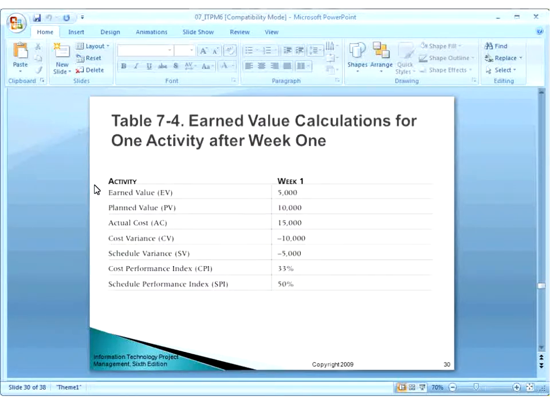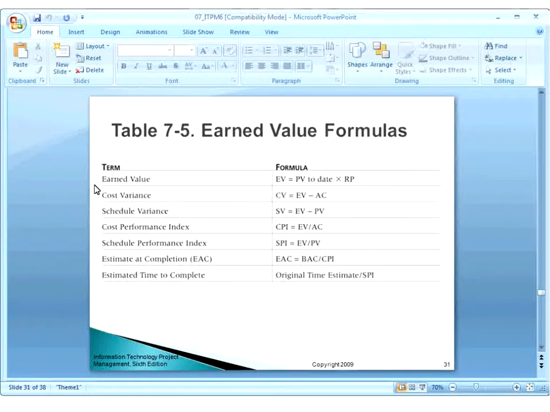Now this is the earned value calculation for one activity after week 1. At any point you can calculate earned values. Here you see that for some activity at week 1, the earned value is 5,000, planned value was 10,000, and actual cost was 15,000. Now you will be wondering how these things are calculated: earned value, planned value, actual cost. There are some formulas for this.